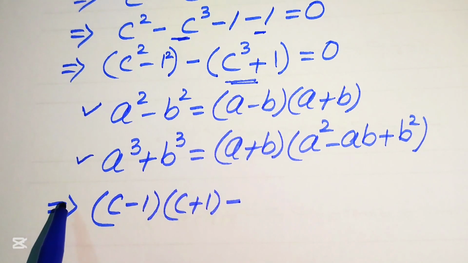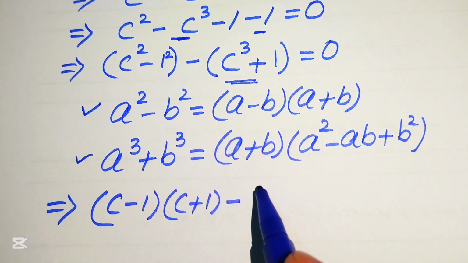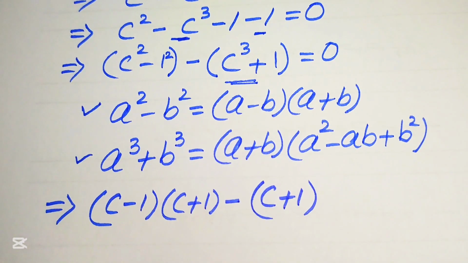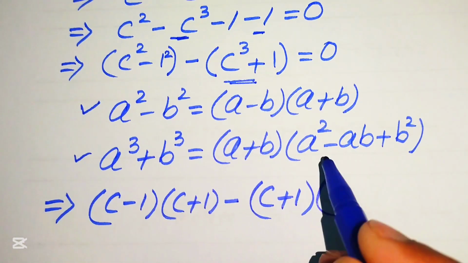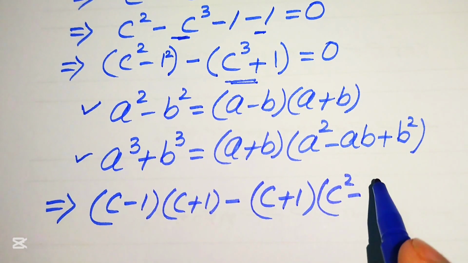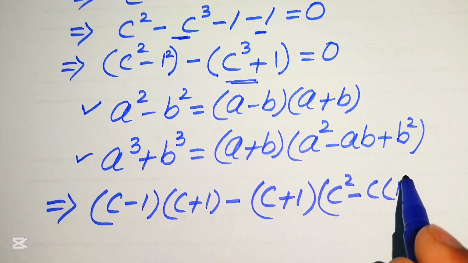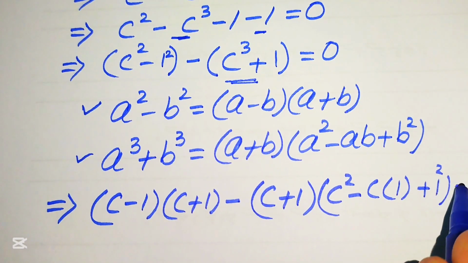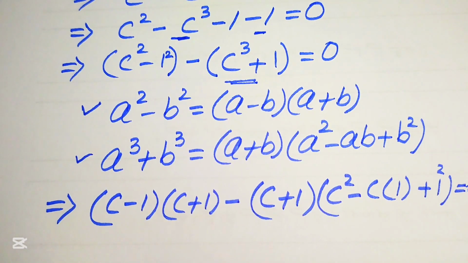According to this cubic formula we write this term as c plus 1 into a square minus ab plus b square. Here a is c, so c square minus ab, a is c and b is 1, plus b square, b is 1 square, and this whole equals 0.